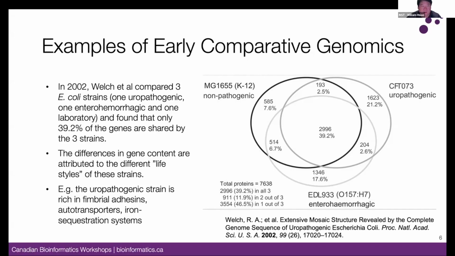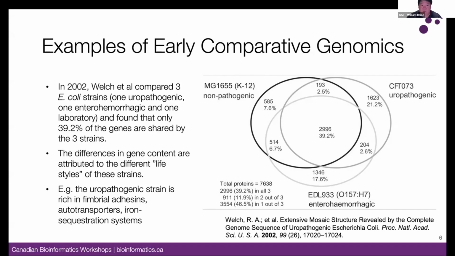The differences in the gene content are shown in this Venn diagram on the right here. You can see that the overlapping part of all three strains is only 39.2%. And this is just by comparing these three, very different strains of E. coli. The differences can be attributed to the different quote unquote lifestyles of these strains.